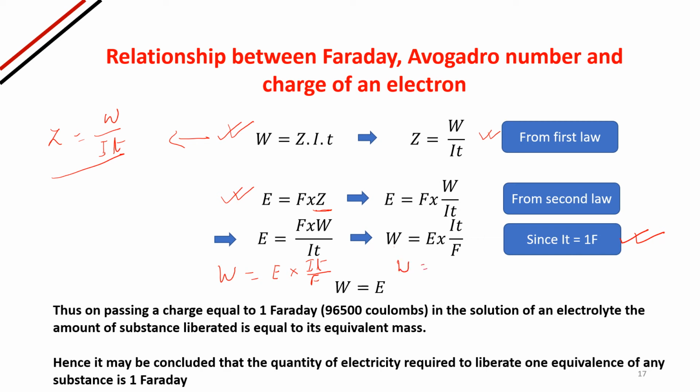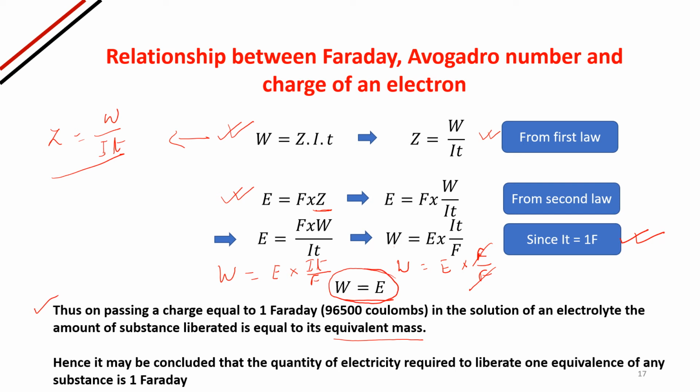W is equal to E into Faraday by Faraday. These will get cancelled. So we get W is equal to E. So what we can say is, on passing a charge equal to 1 Faraday or 96500 coulombs through the solution of an electrolyte, the amount of the substance liberated is equal to its equivalent mass, from this relationship.